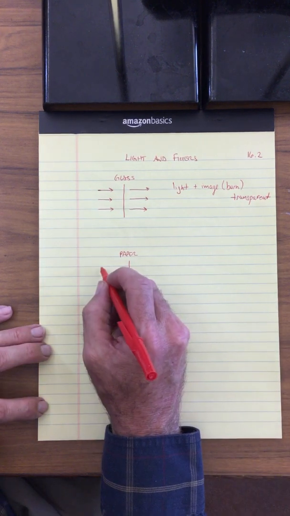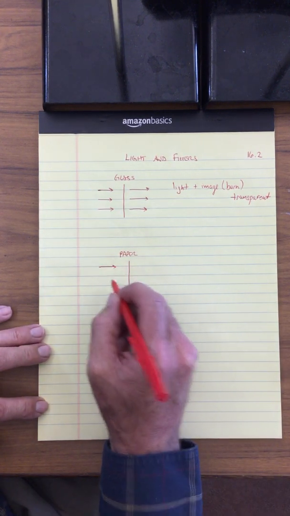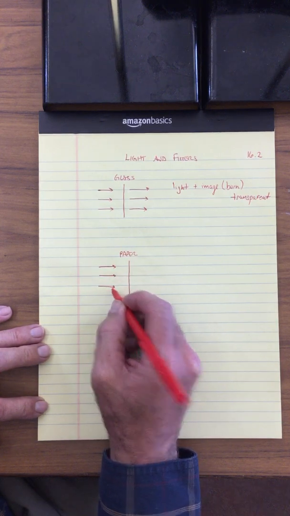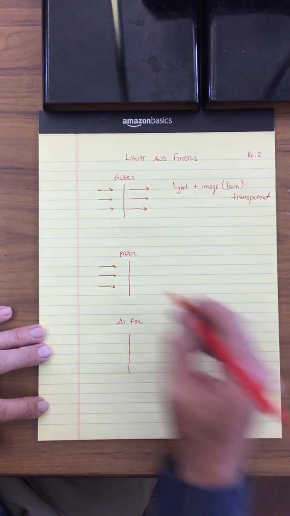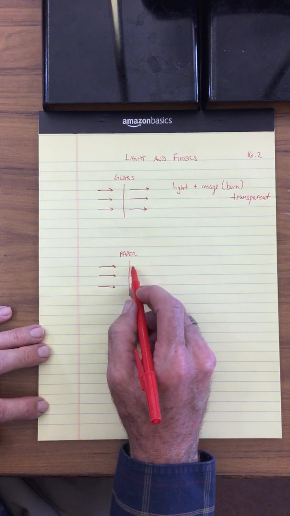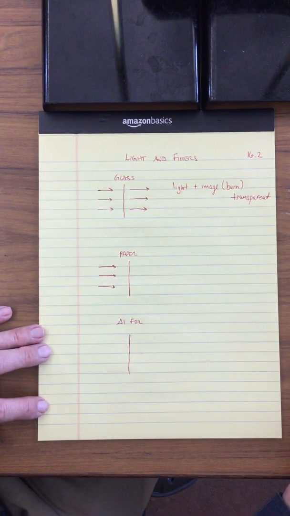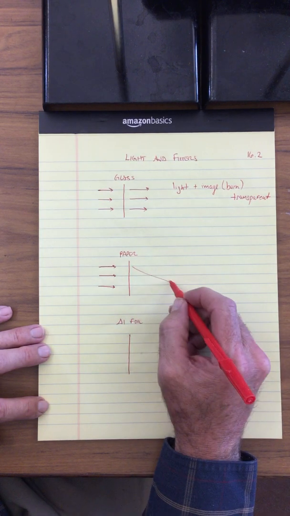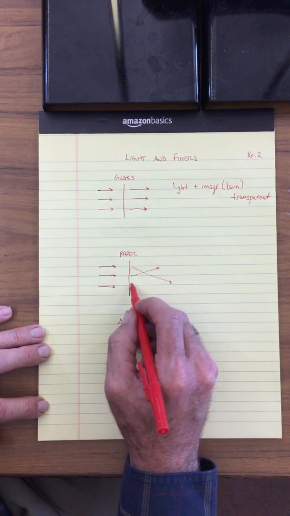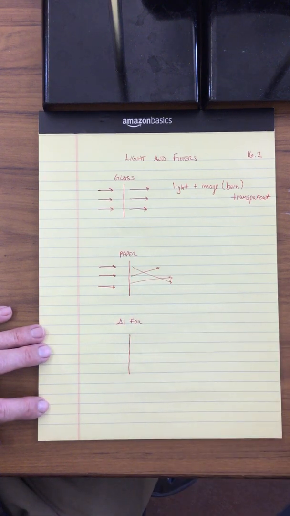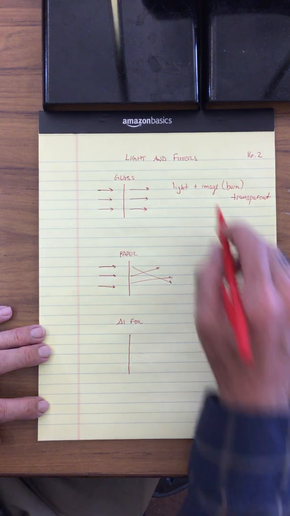Now, if we take a look at some rays of light that are going to be going through paper, what happens is that the light is not evenly transmitted across the paper. It runs into a little bit of a roadblock. So what happens is these light rays might be going something like this. So it disrupts the image.